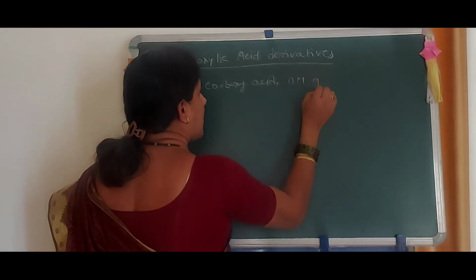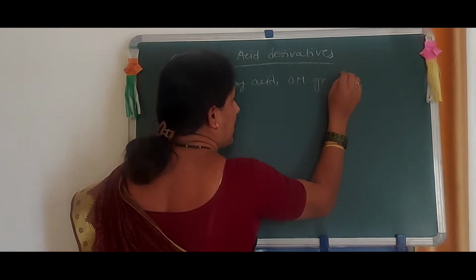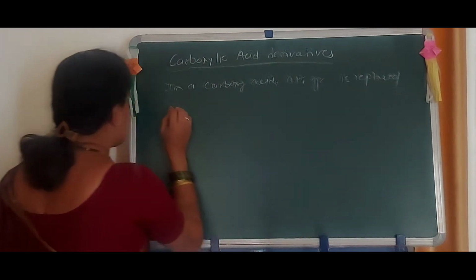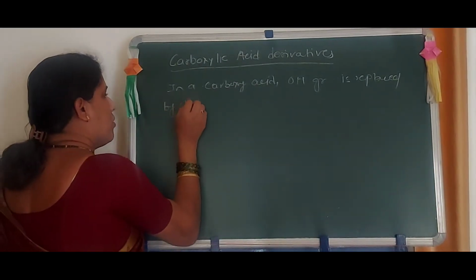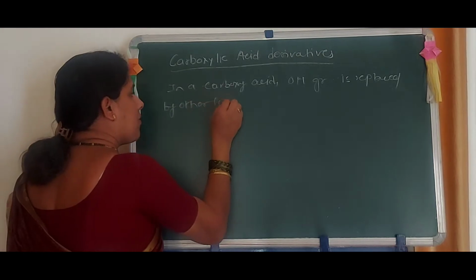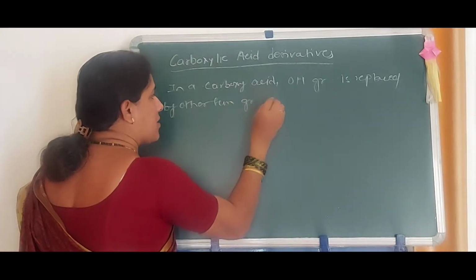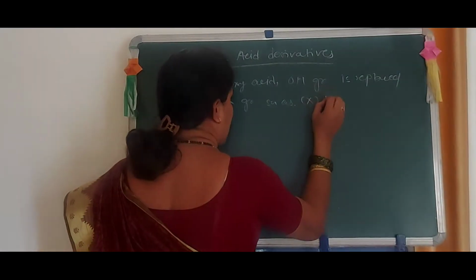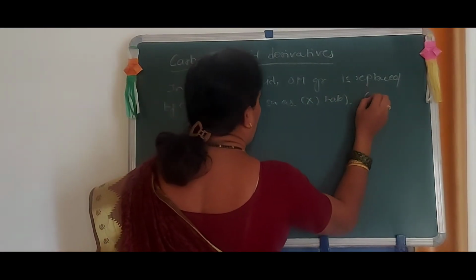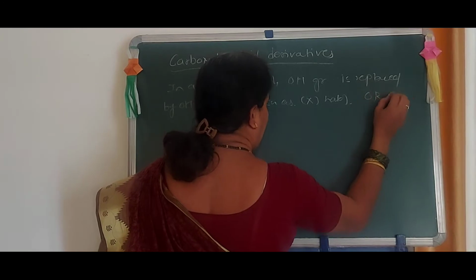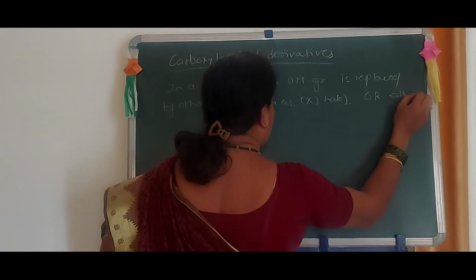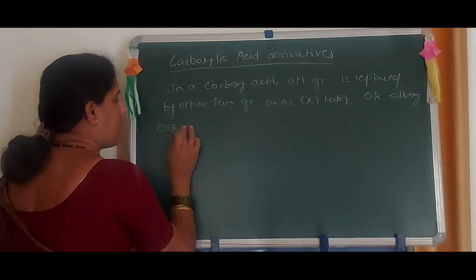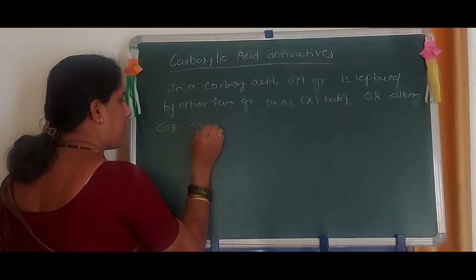the OH group is replaced by another functional group such as X, that is halo, OR, that is alkoxy, or COR, that is ester.